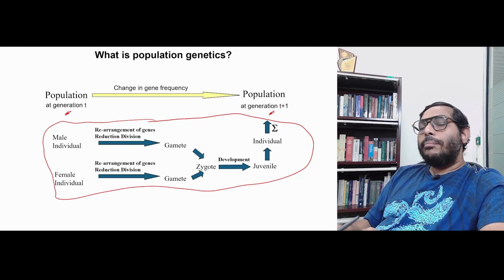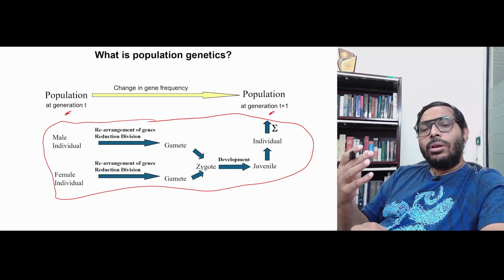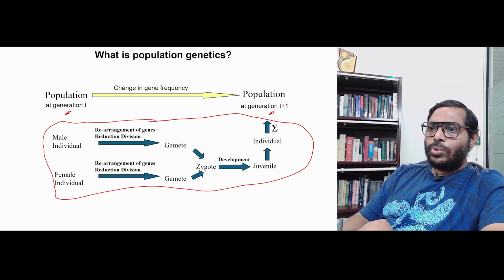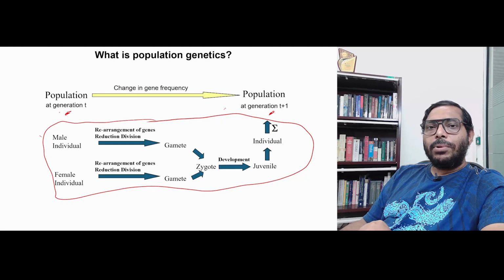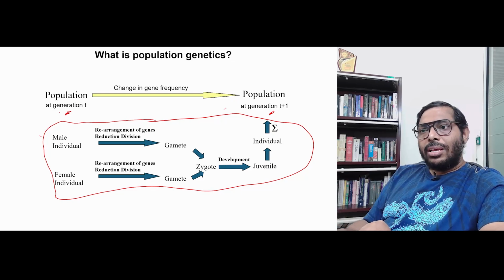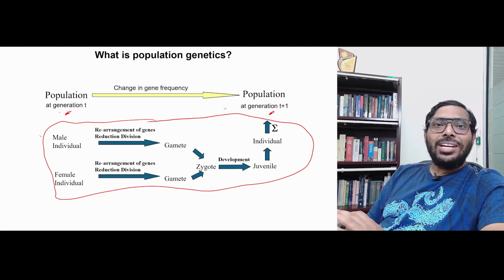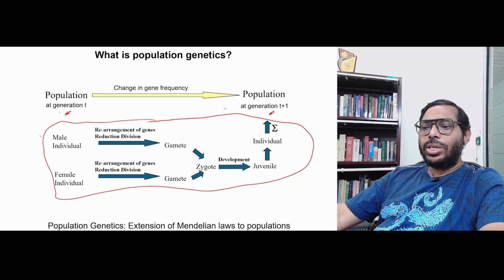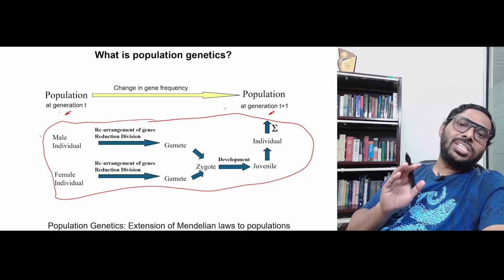And the branch of evolutionary biology which does that, which takes you from generation T to generation T plus 1 at the population level, somehow taking care of all the nitty-gritty, gory details of the biology at the lower level, is what is known as population genetics.